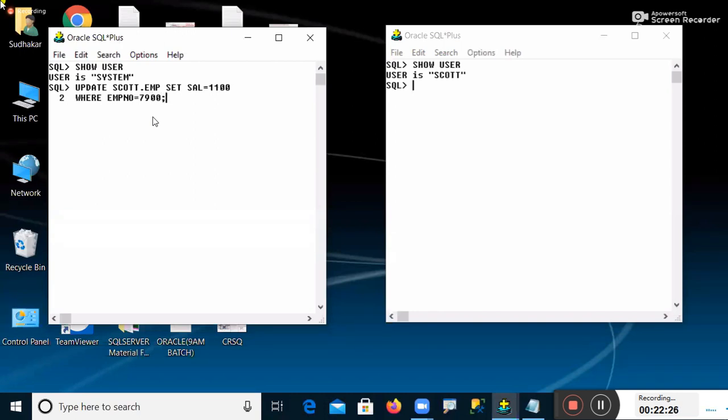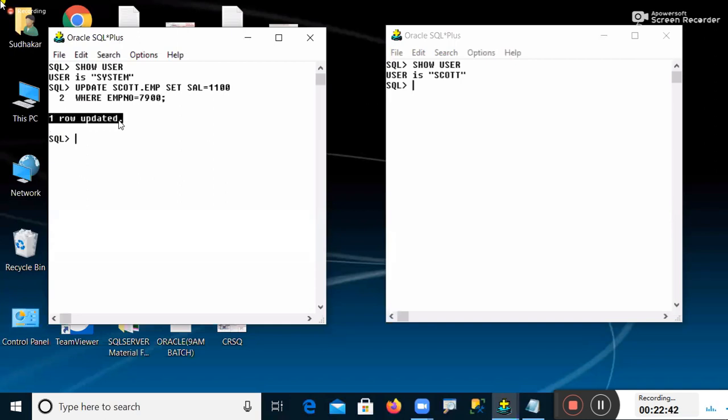So the first user, the system user, is sending one update query request to your server, and it says one row is updated.